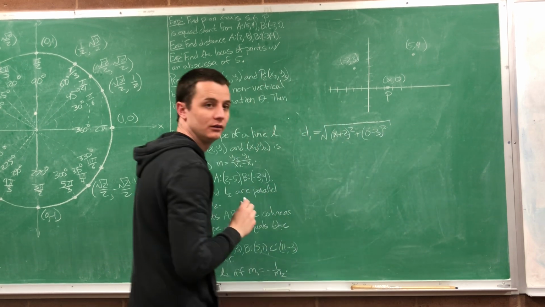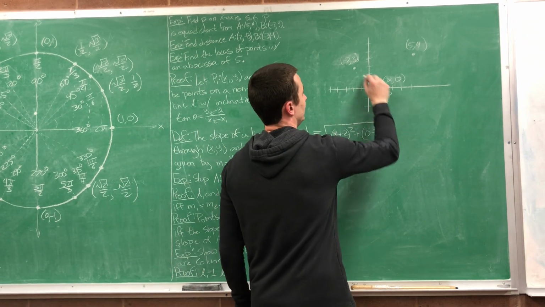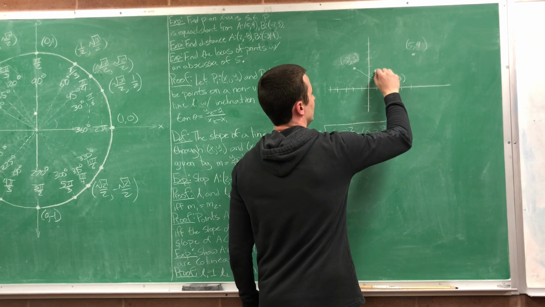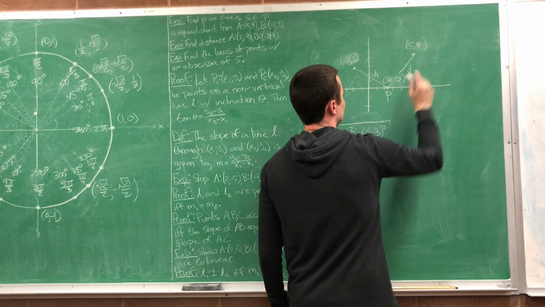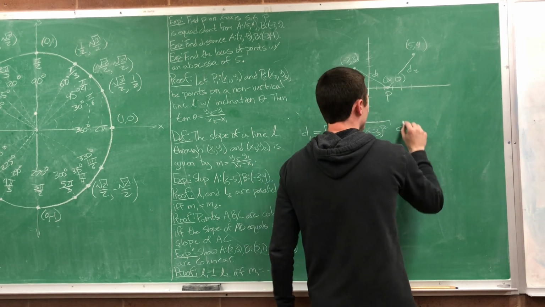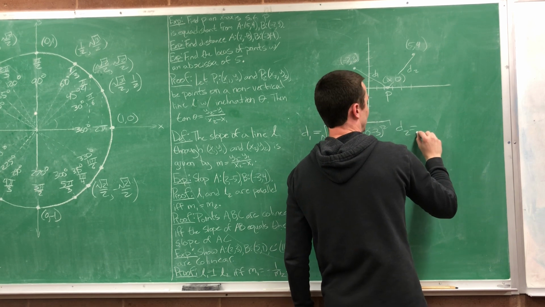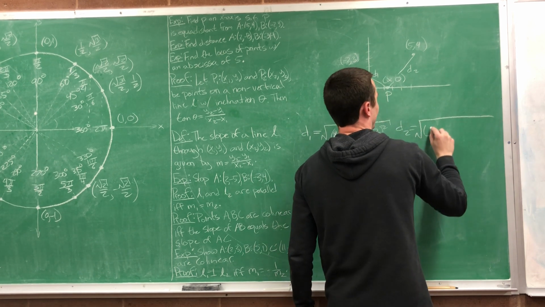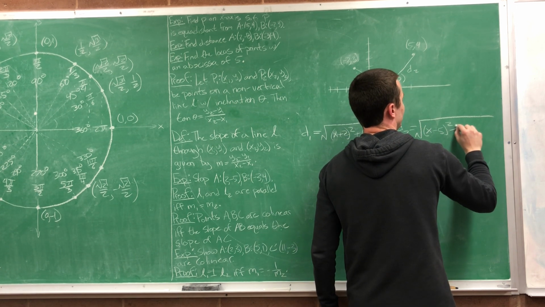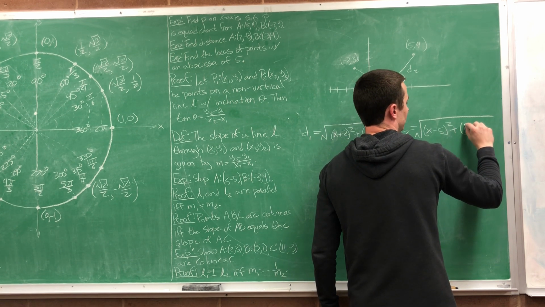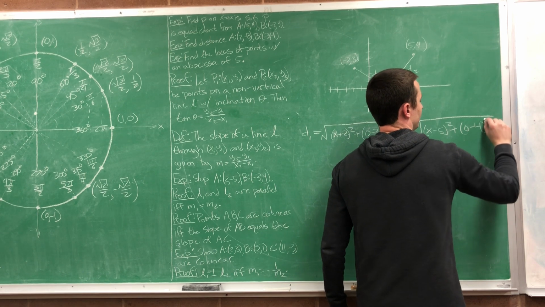Right? So that's d1, the distance from here to here. d2, the distance from here to here, is equal to the square root of x minus 5 squared plus 0 minus 4 squared, right?